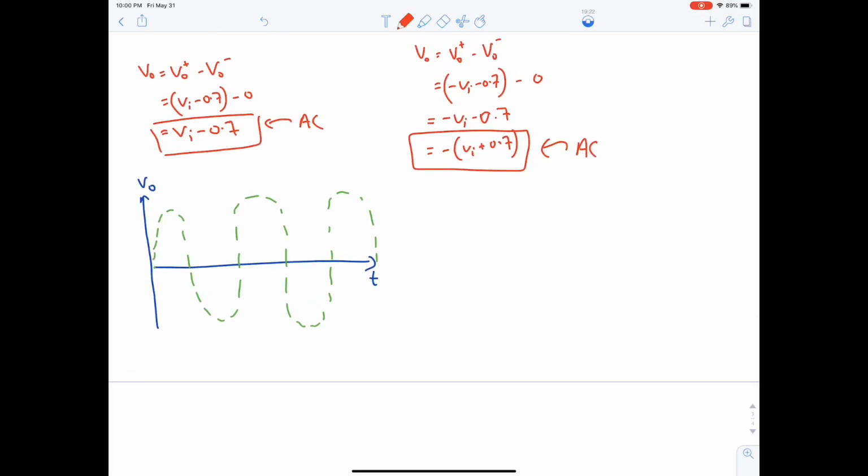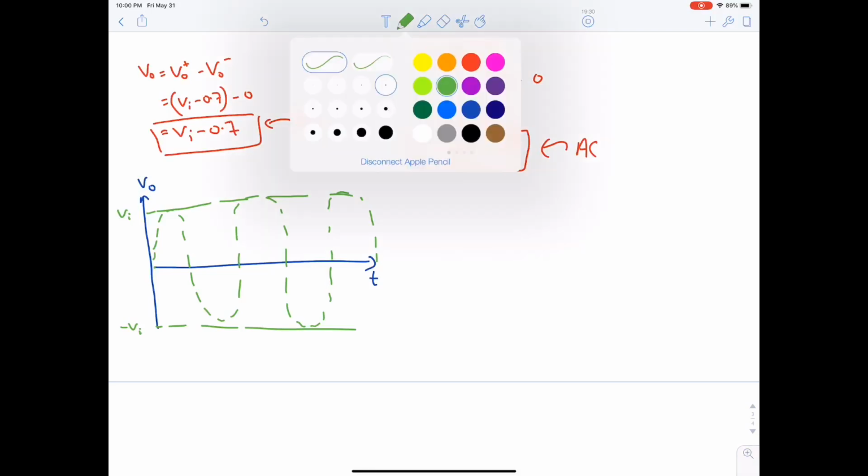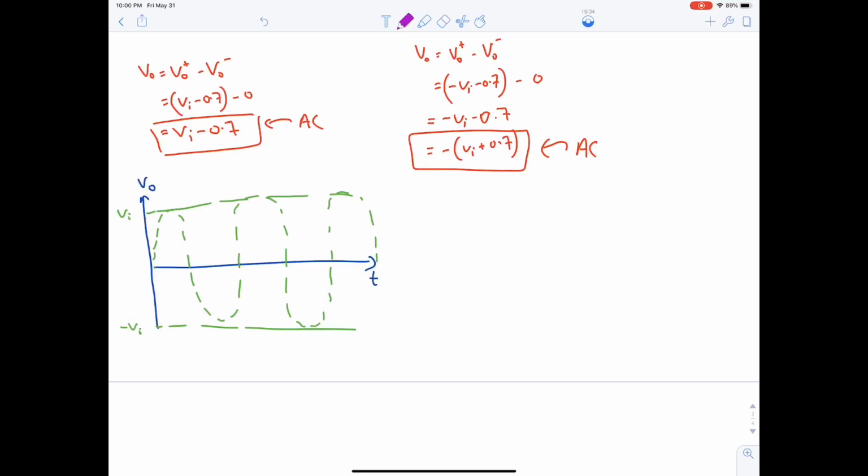So we need to draw a new signal. The peak values are VI and minus VI. If VI is positive, then the output is VI minus 0.7. So it will be here, VI minus 0.7.